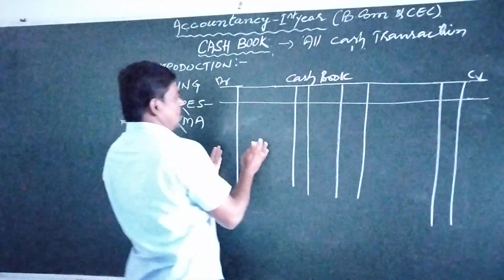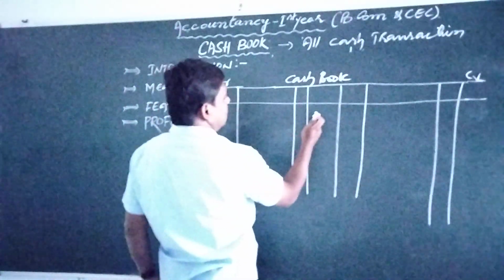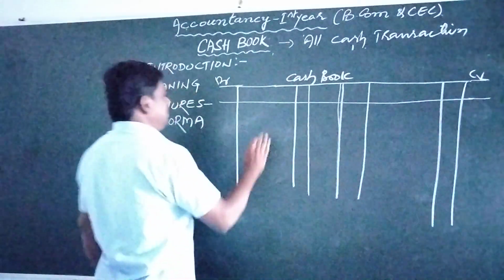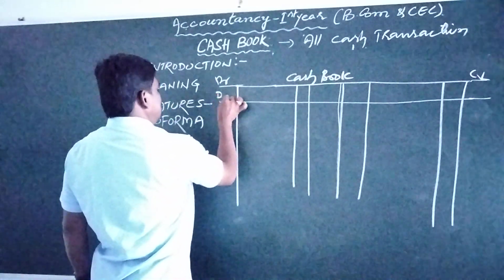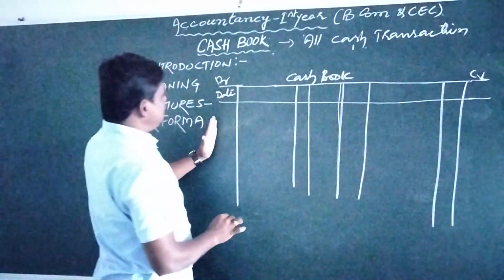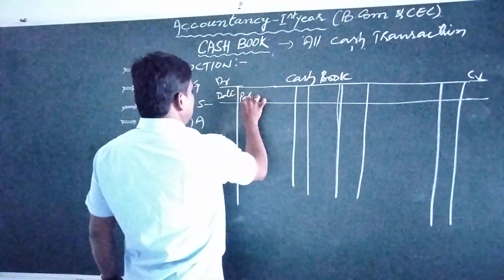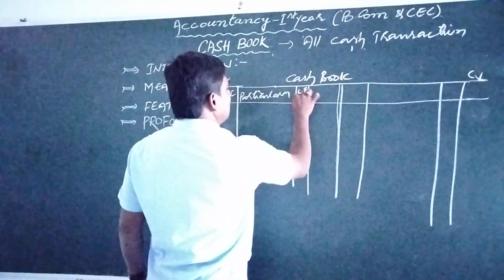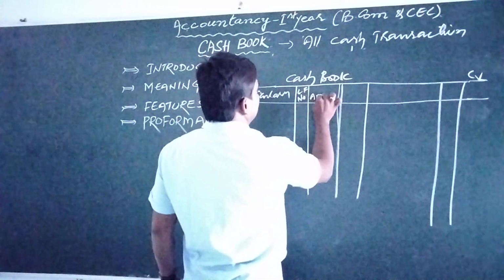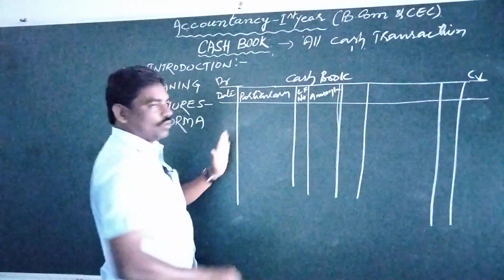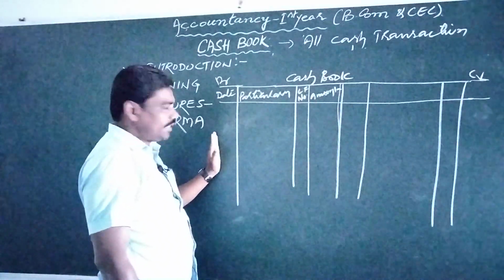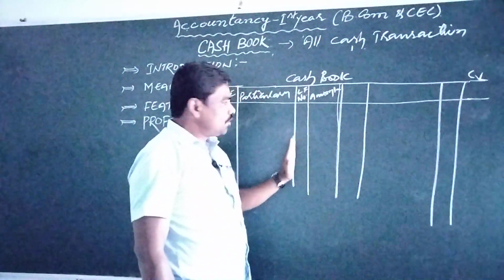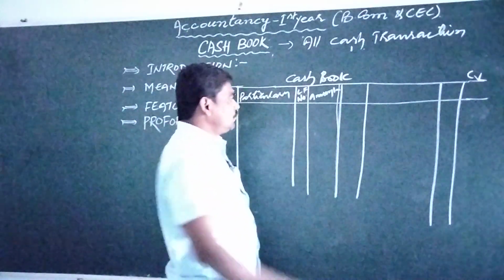Debit side, credit side. On the debit side, there are 4 columns. The first column is meant for date, the second column is meant for particulars, the third column is meant for ledger folio number, and the fourth column is meant for amount.